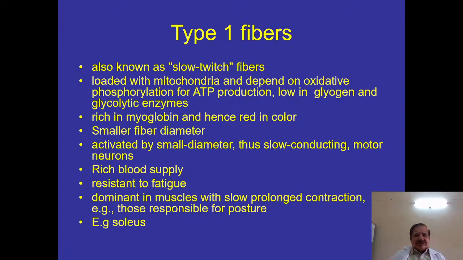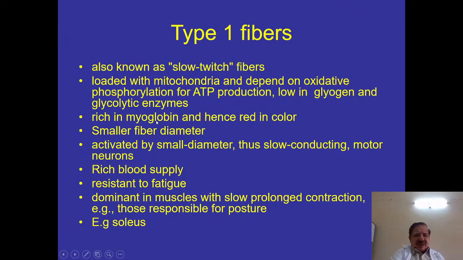They are very slow, loaded with mitochondria and depend upon oxidative phosphorylation for ATP production, low in glycogen and glycolytic enzymes. They are rich in myoglobin.